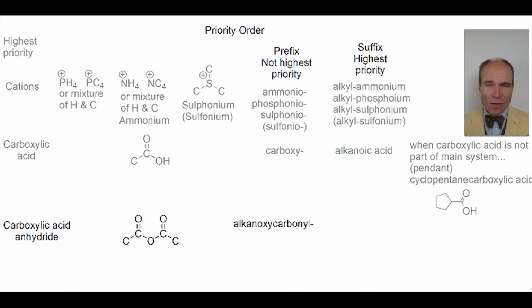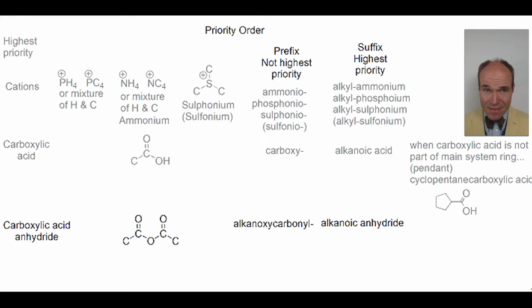However, if your carboxylic acid anhydride is the highest priority functional group in your specific molecule, then again the name will change. So now it's alkanoic anhydride. And yet again, the alkane is generic.